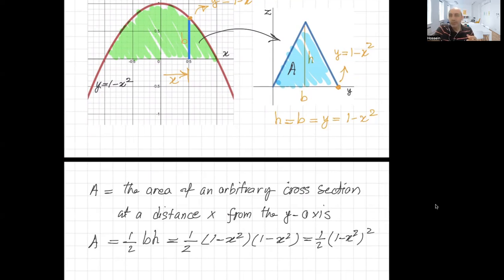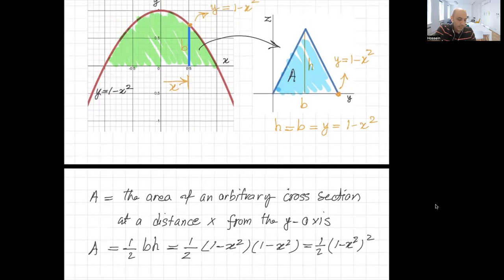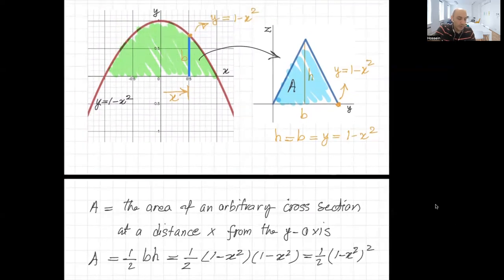Now we need to use integral to add the area of all these arbitrary triangles from this point to this point. And by the way, these two points are the roots of this equation.